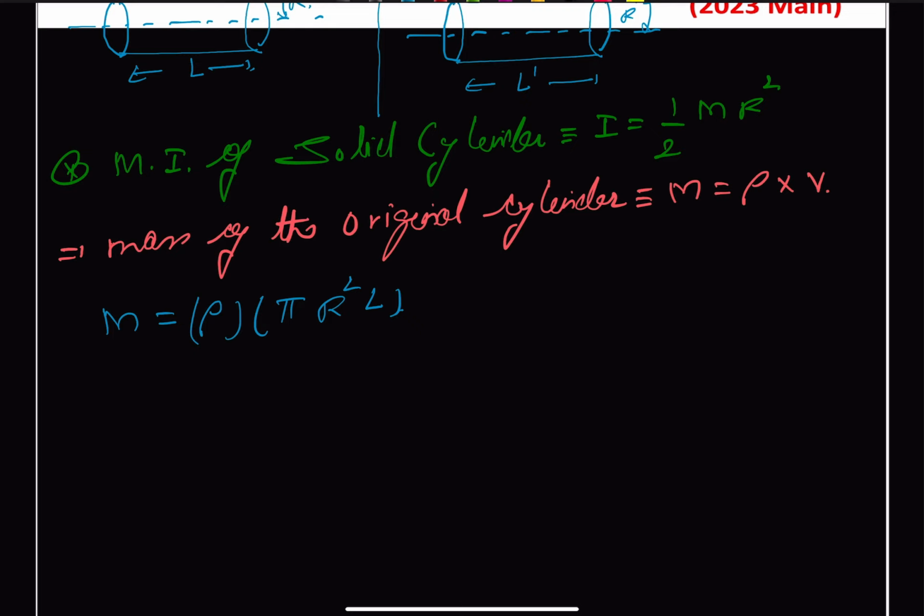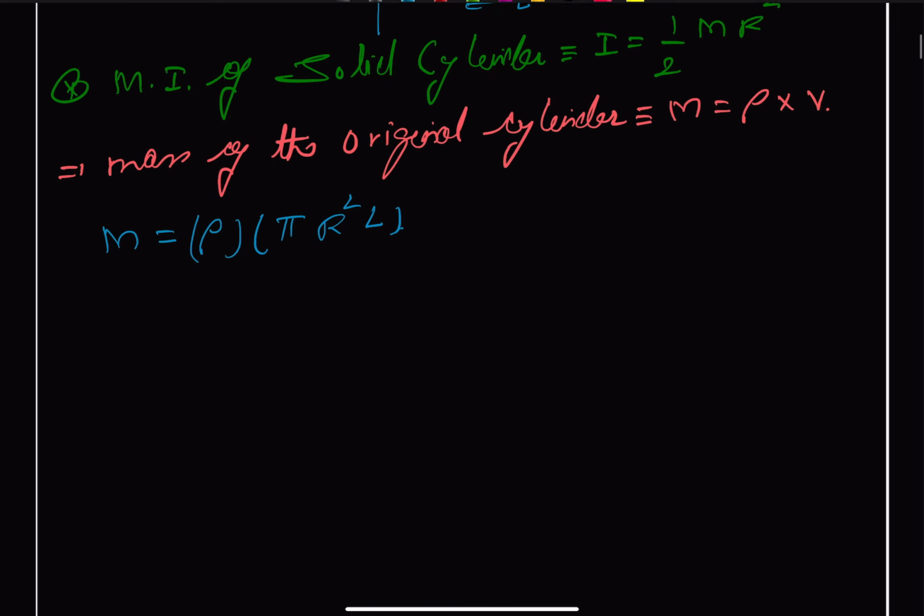Therefore the moment of inertia of the original cylinder, which in this question is given as I1, will be equal to half m r square.